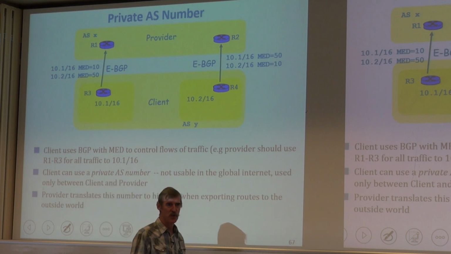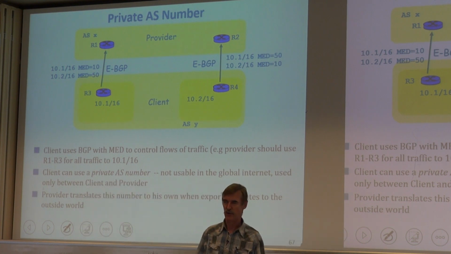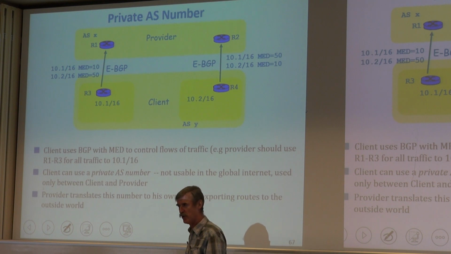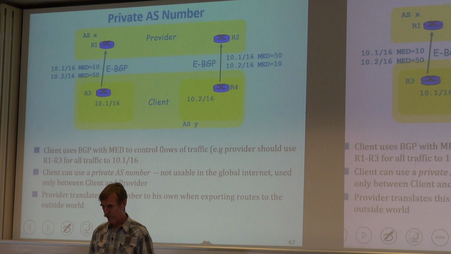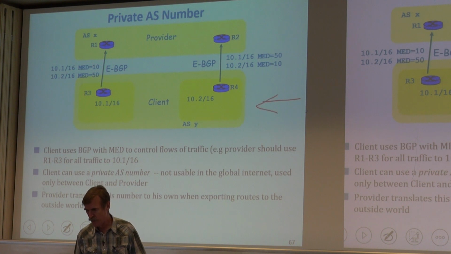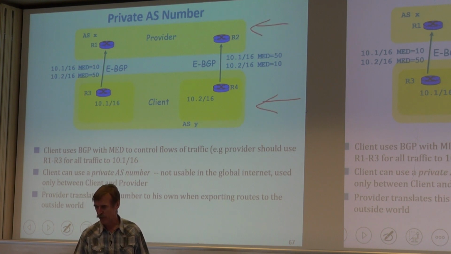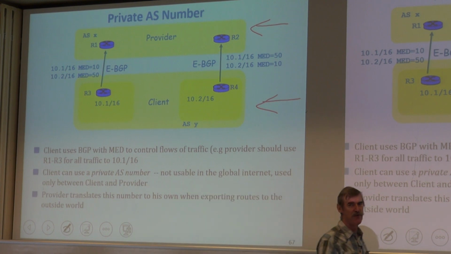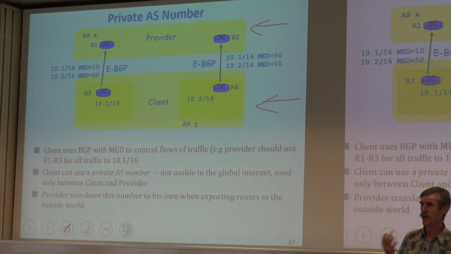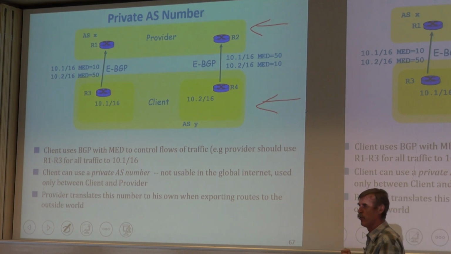Remember, AS numbers are not IP addresses. They are 32 bits like IPv4 addresses, but they are not IP addresses. They are used in different ways. For example, assume this could be EPFL and this could be switch. We saw that EPFL doesn't have an AS number at all because it doesn't run BGP. It uses default routes.